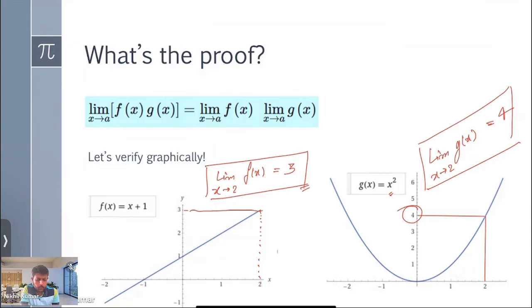So we've figured out individually what was the limit of g of x and what was the limit of f of x at the point x equal to 2.